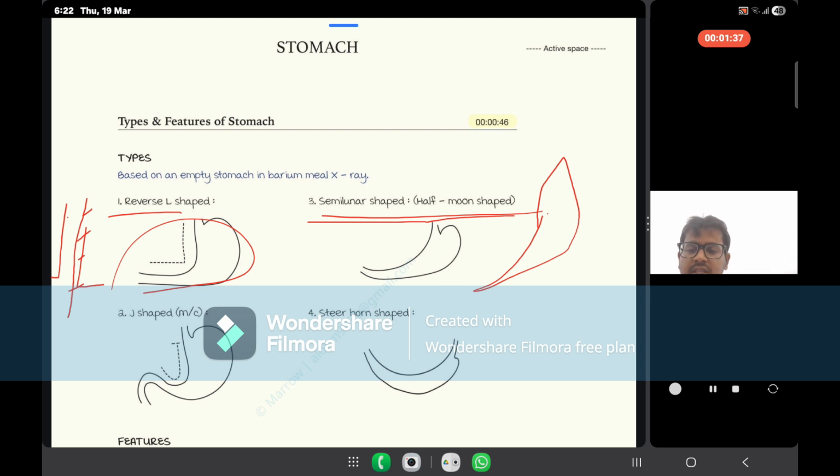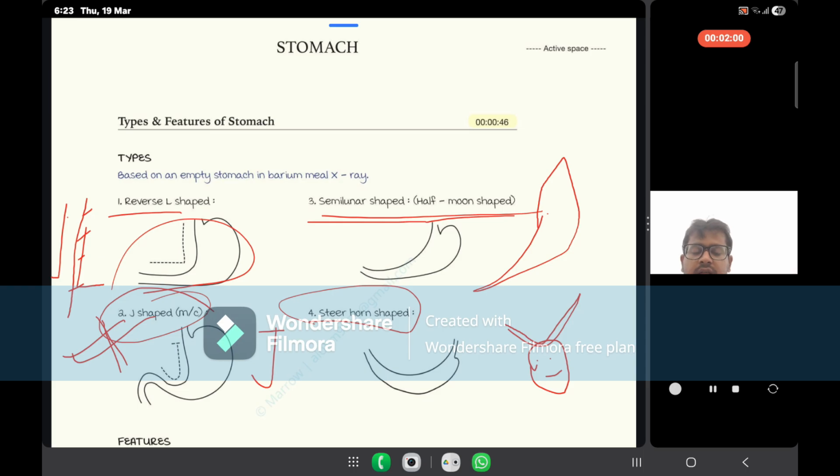Third is J shaped. All the studies we will do from the J shaped diagram, and it is the most common shape we get to see. And fourth is steer horn shape, when it is like a bull's head. Let us imagine this, it is a bull, and it is a bull's head like a structure, horn like a structure, it is steer horn shaped.